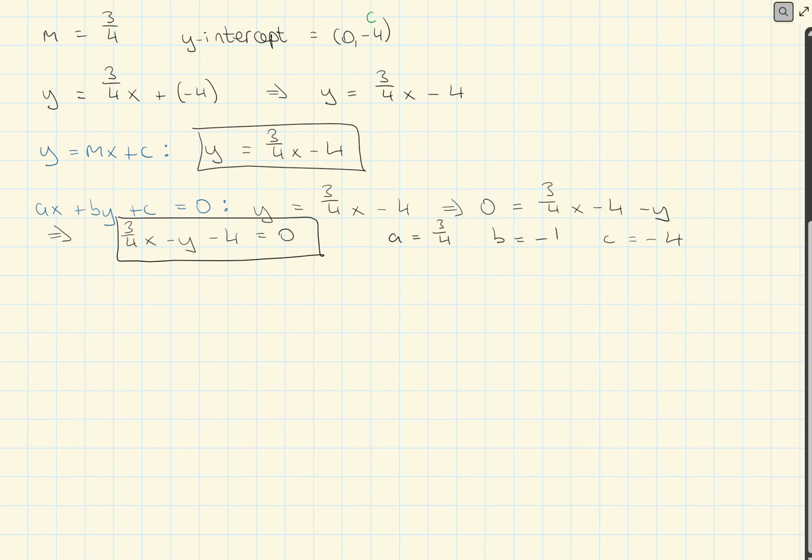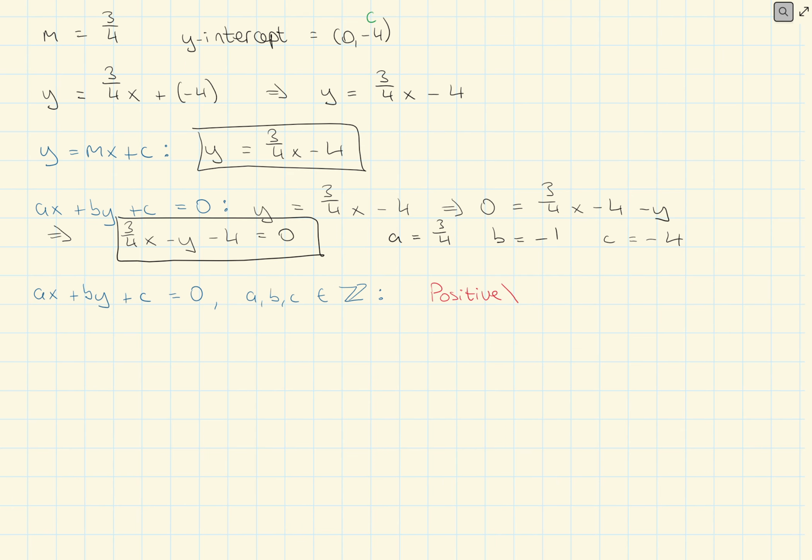And then I suppose one way maybe that they could make it more difficult is they could say, find the equation of the line, give your answer in the form ax plus by plus c equals 0, and they'd say a, b, c are elements of Z. We know that means we can only have positive or negative whole numbers.